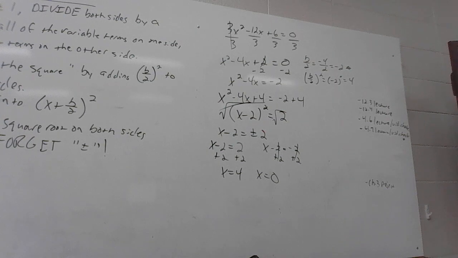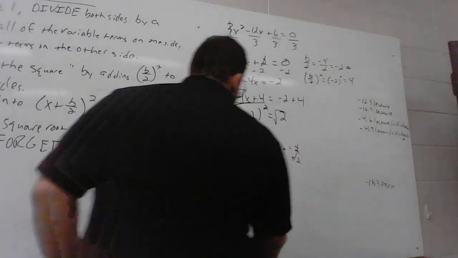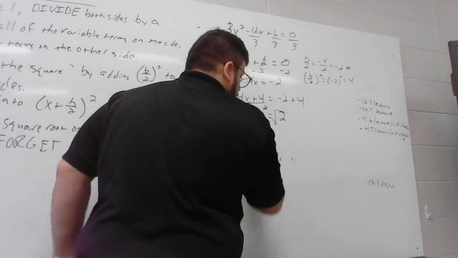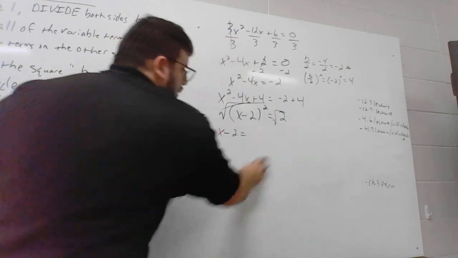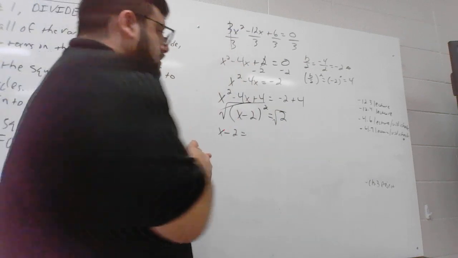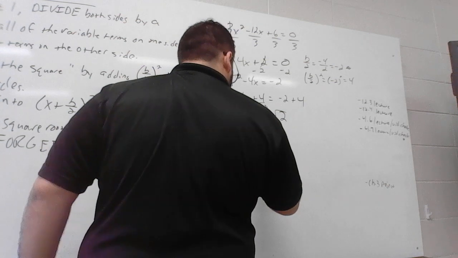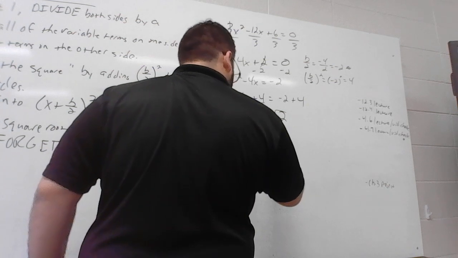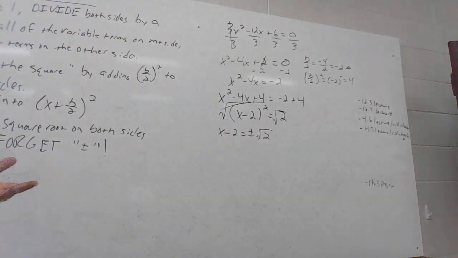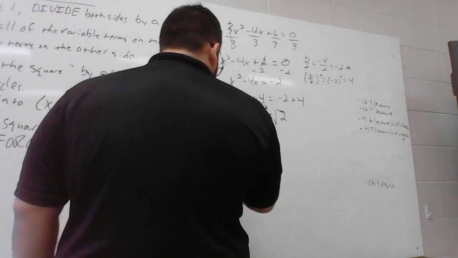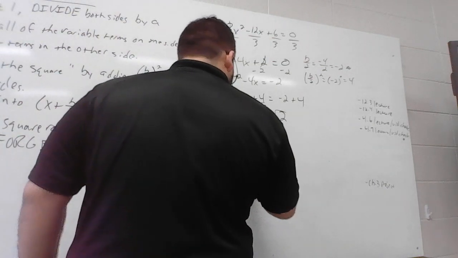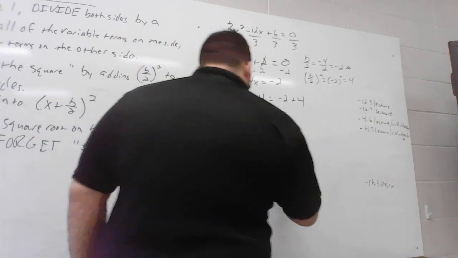Oh, actually, no, hold on a second. I messed that up. Turns out, square root of 2 is not a perfect square, so I actually have to leave that as it is. So I have x minus 2 equals square root of 2.